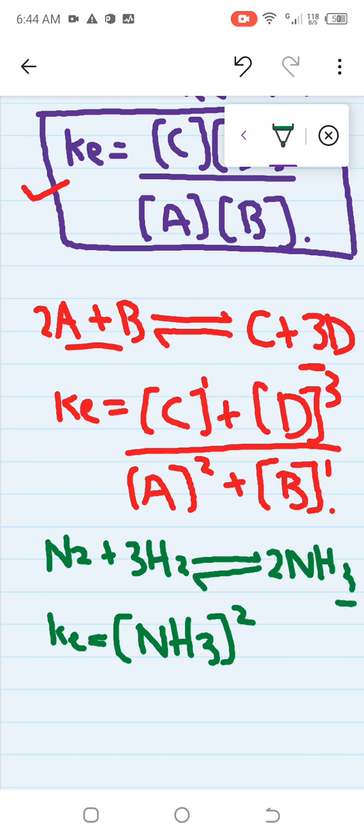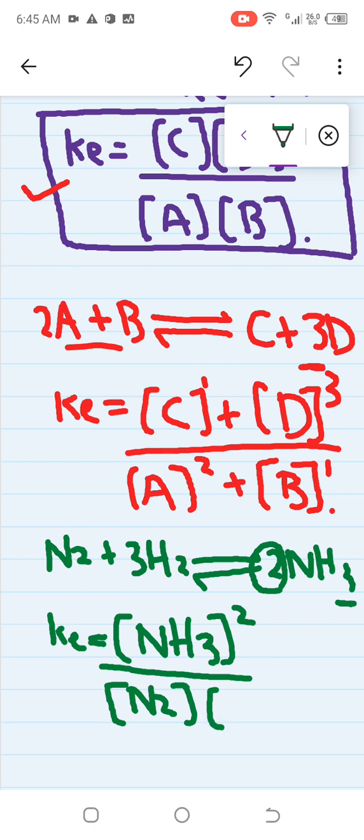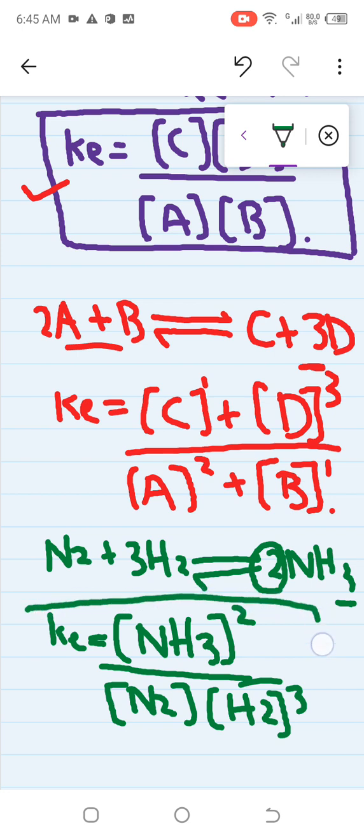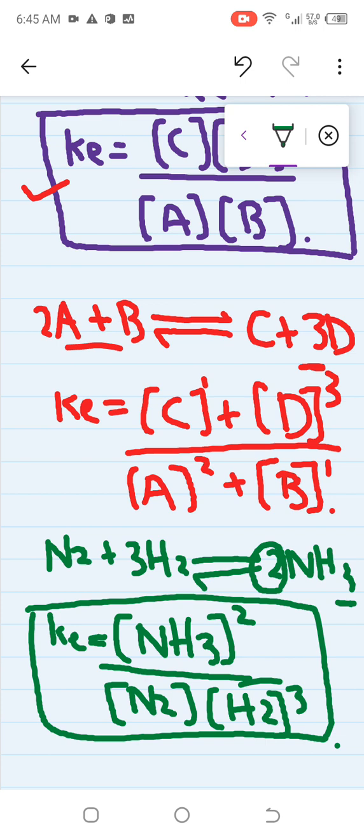Do not put this as a coefficient, but put it as a power. Here we have the reactant N2, and here we have H2 power 3. This is how you make the equation of active mass.